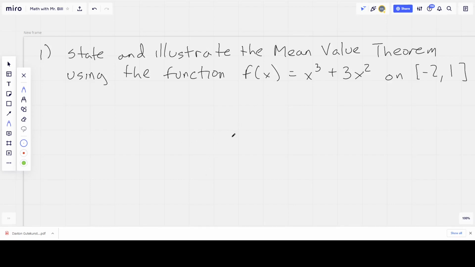So we're asked to state and illustrate the mean value theorem using the function f of x equals x cubed plus 3x squared on the interval from -2 to 1.